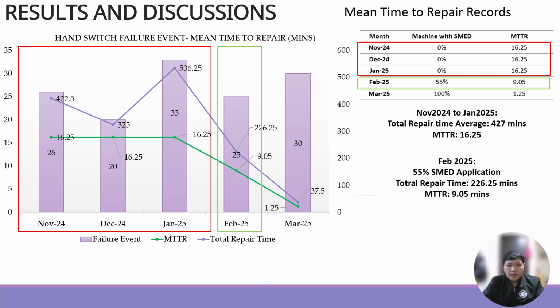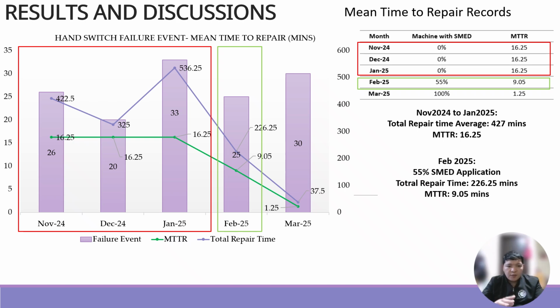After the application of SMED at 55% on the tables, you can see that last February it was applied to 55% of the production machines, and we can see a significant drop of the MTTR and also the total repair time. But take note, the failure event is almost the same as the previous months.